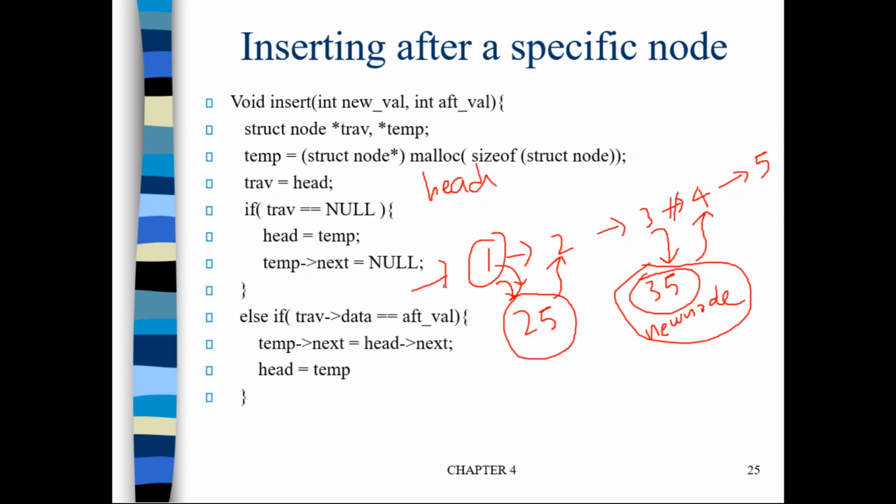The second case is inserting immediately after the first node, which is referred to using head. The new node's next should point to where head's next was previously pointing, and then head's next should point to the new node.